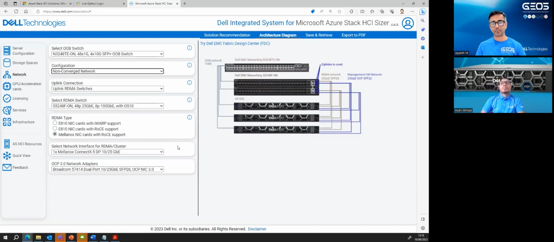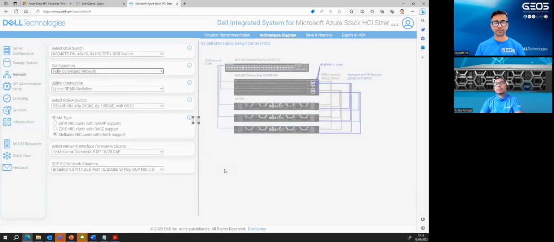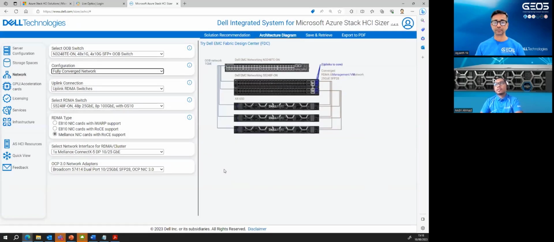Right. So basically, fully converged is very cost efficient. Coming back again to your workload sizing, if your workload is not that throughput intensive, then you can share the maximum bandwidth from the same physical link.